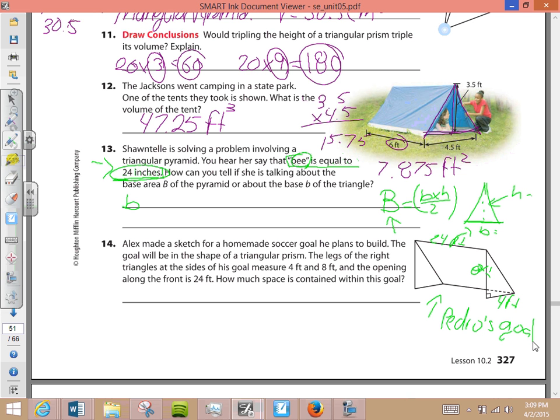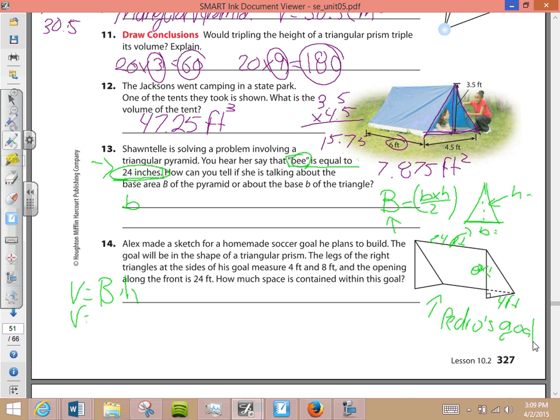6, 8. What do you say, 16? Or 4 times 8, what do you get? 32. Then divided by 2, and you get 16. There you go. So volume equals area of the base times height.